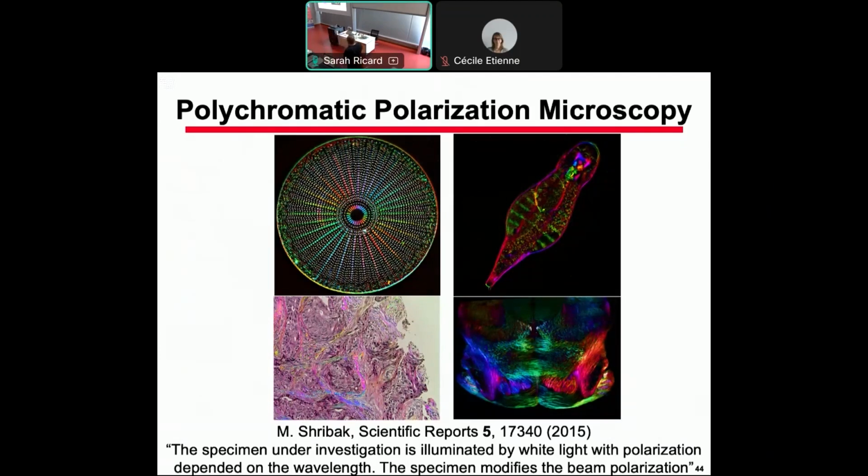In the regular polarized microscope, the polarization stays the same for the white light. Here, they coded polarization dependent on the wavelength. This beautiful color image is from a sample where originally the birefringence is very weak. Here are the myelin fibers, without any staining, directly under the microscope.